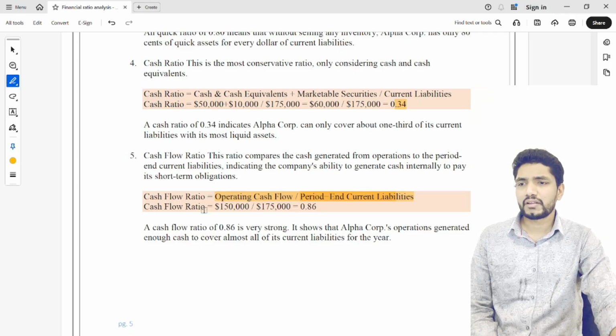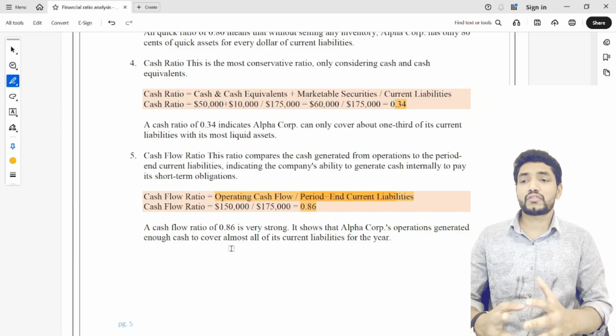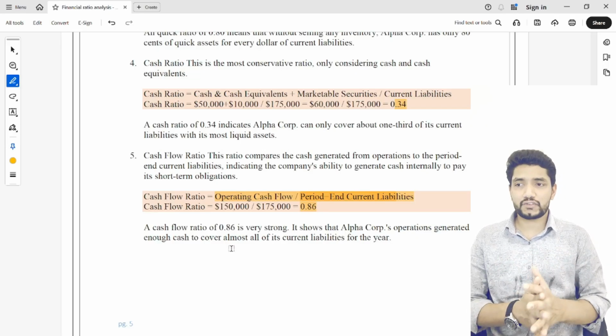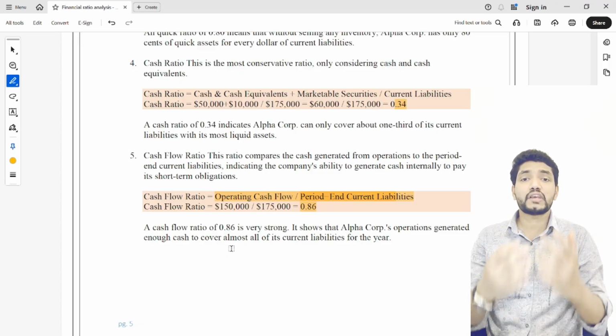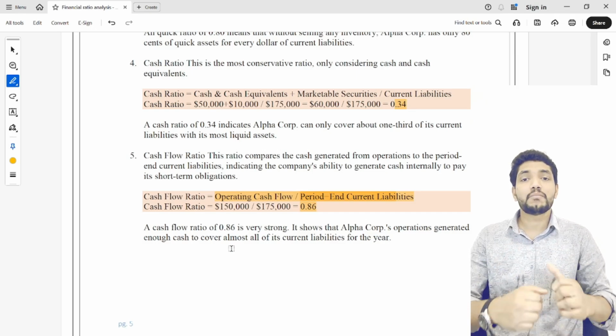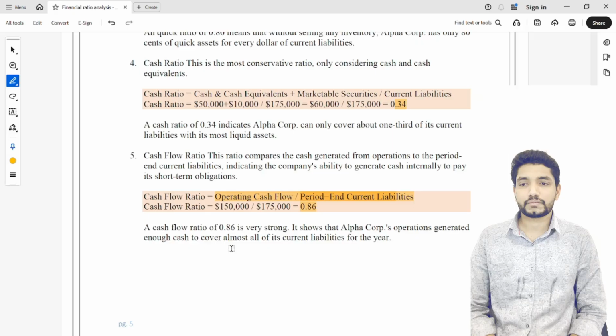In this case, the operating cash flow is 150,000 and the period-end current liability is 175,000. So the cash flow ratio is 86%, which is definitely a strong cash flow ratio, which means the company can set off 86% of current liabilities by using its cash flow.